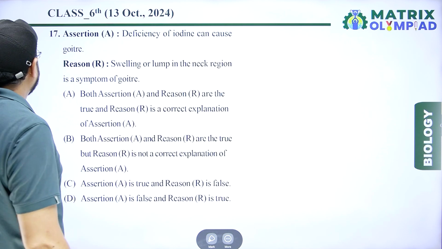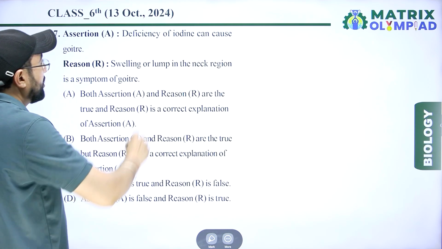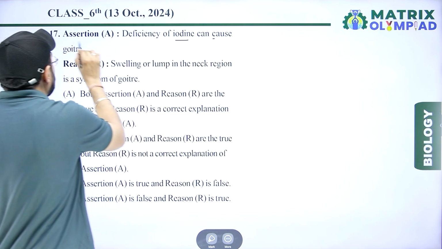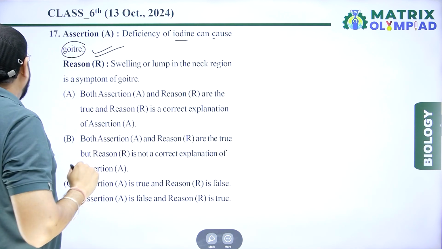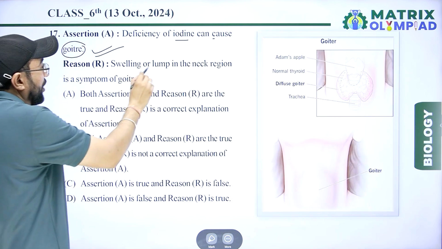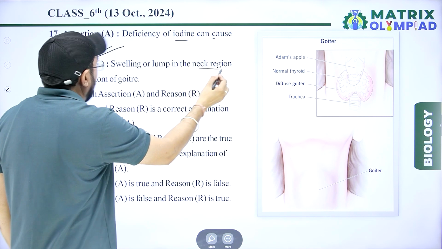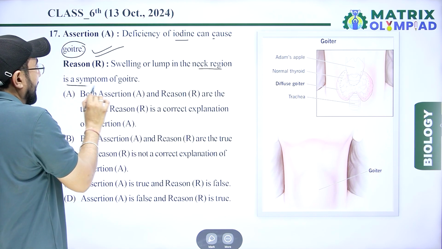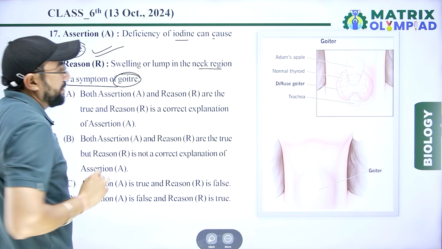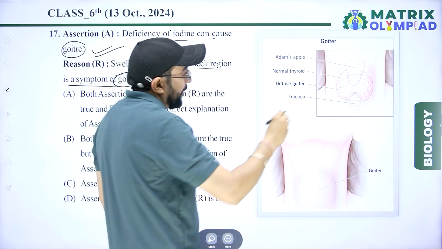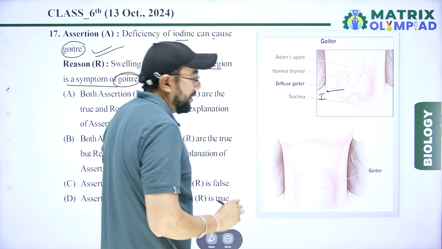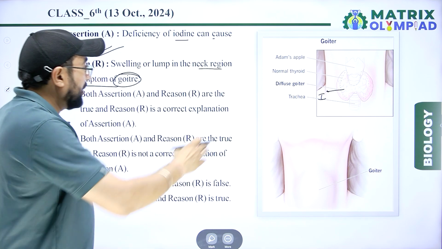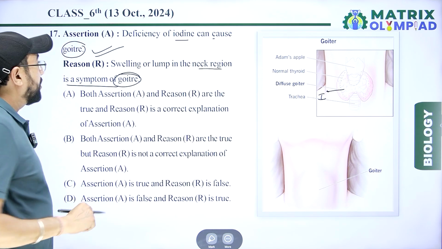Next question is, assertion A, deficiency of iodine can cause goiter. Absolutely right. And the reason, swelling or lump in the neck region is a symptom of goiter. Goiter is caused by iodine deficiency and appears in the neck region.